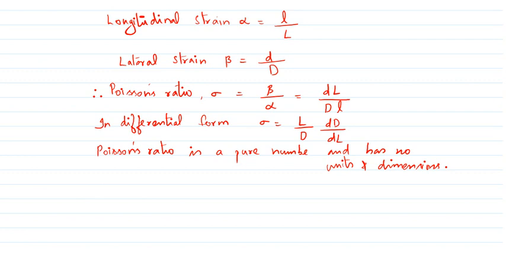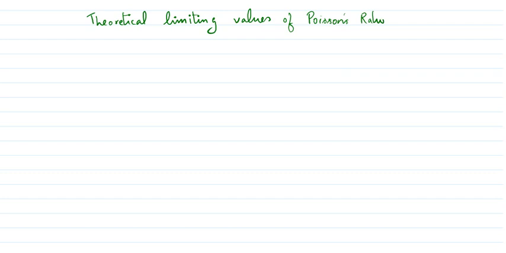So next is the theoretical limiting values of Poisson's ratio.